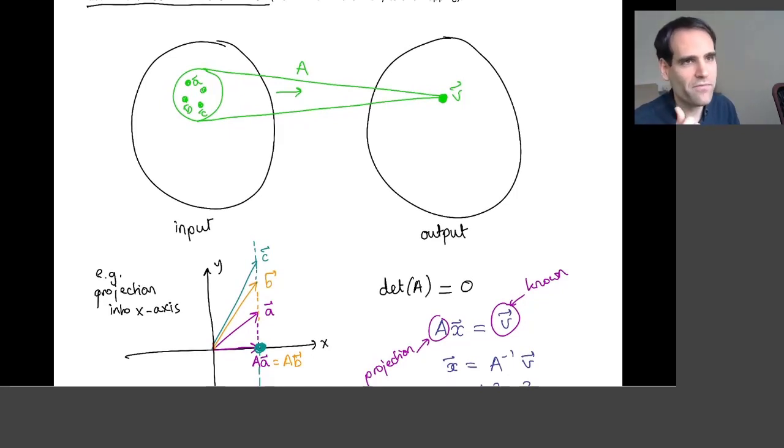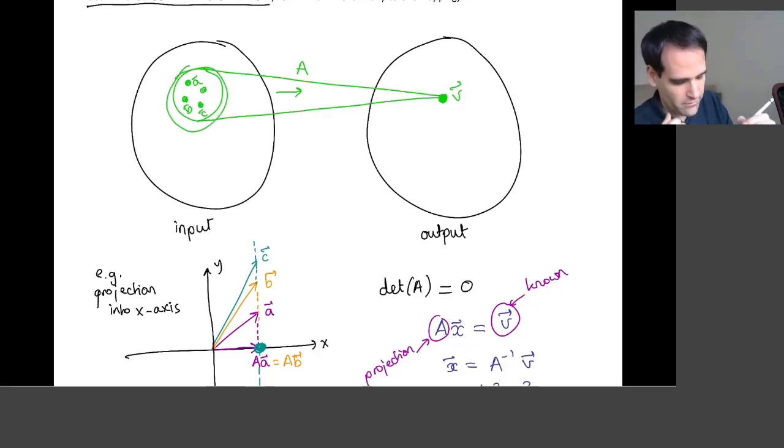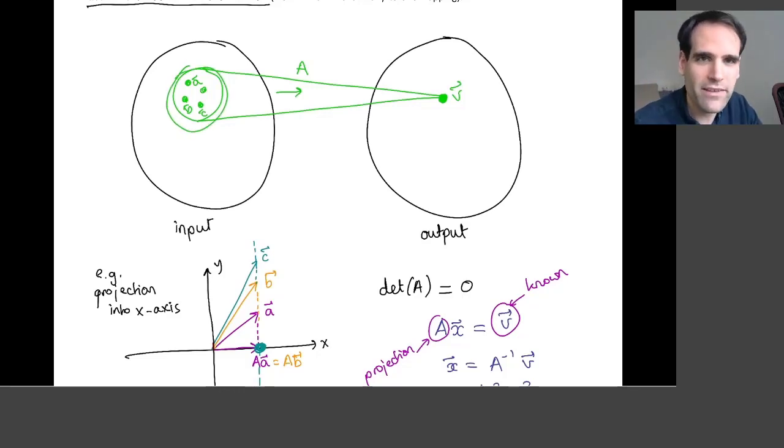I was lying, it's not a serious lie, but I was calling this green circle in the input a vector space. But it was not really a vector space because it doesn't include vector 0. And remember, one of the axioms for a vector space is that it must include the vector 0. Yes?